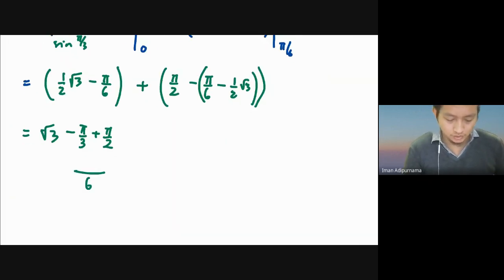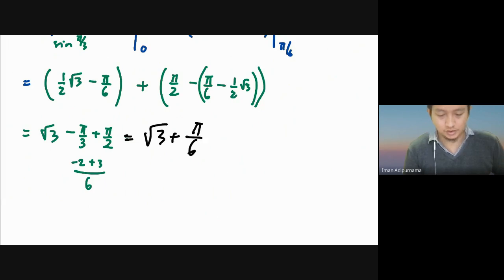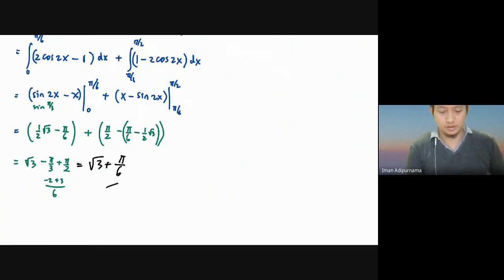What will be here? It's positive, so it should be equal to square root of 3 plus pi over 6. And this will be the answer.